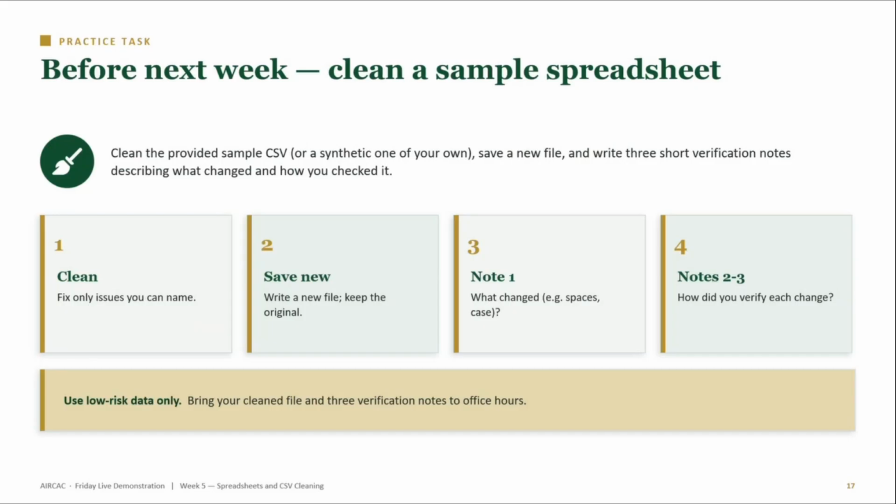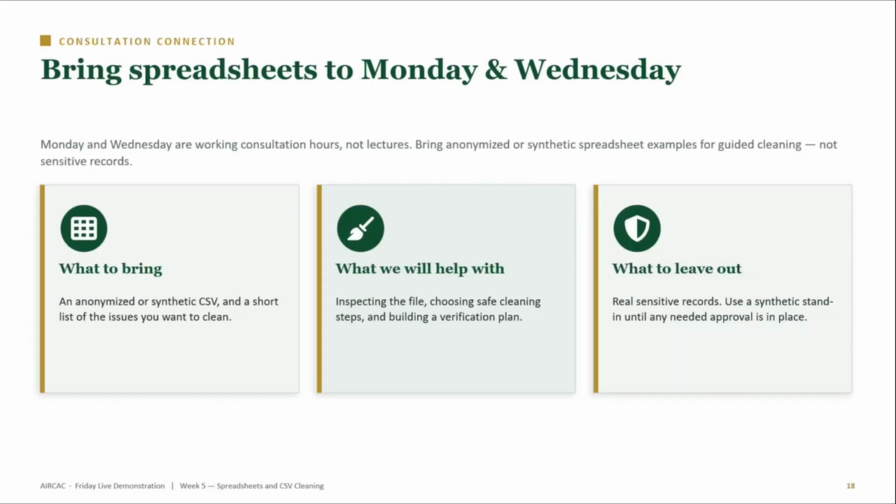So fix only the issues you can name, save the new file, always write a new file, and write 1 to 3 notes on what changed and how you verified it. Use low-risk data only. Bring your clean file and 3 verification notes to the office hour if you find them useful.